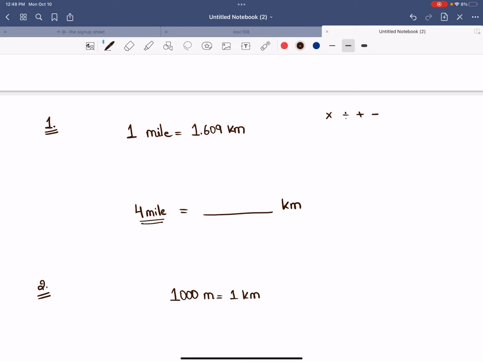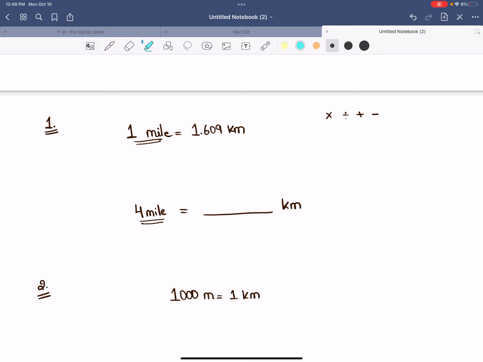The equation is still true. What do I mean by that? Well, I know there is 1 mile on the left, and I want to get to 4 miles. So if I multiply 4 on both sides, I know the left side will become 4 miles, because 1 times 4 is 4. And so hopefully if I have the left side as 4 miles, whatever the right side becomes when multiplied by 4 will be the answer in kilometers that I need.